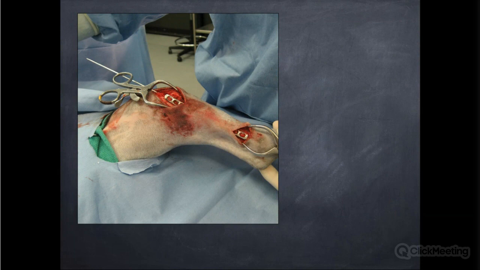What does it actually mean to try to have a minimally invasive approach? As you can see, minimally invasive means that we make shorter approaches than the standard one. In the 90s this would have been a surgical approach as long as the whole tibia.